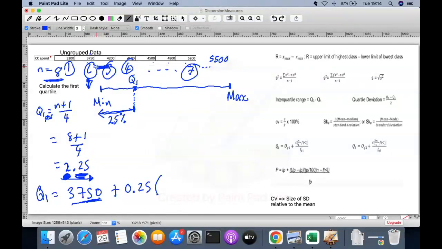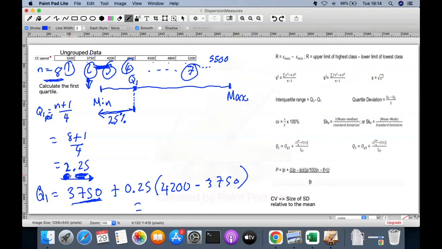What I mean by length is the difference between 4,200 and the 3750. So it's 4,200 minus the 3750. You punch this into your calculator and you can work this out. This is pretty simple to punch into your calculator. What's more important here, what I want you to take away, is how you actually work it out.